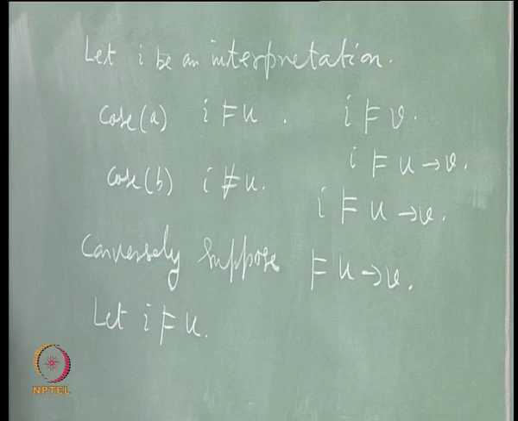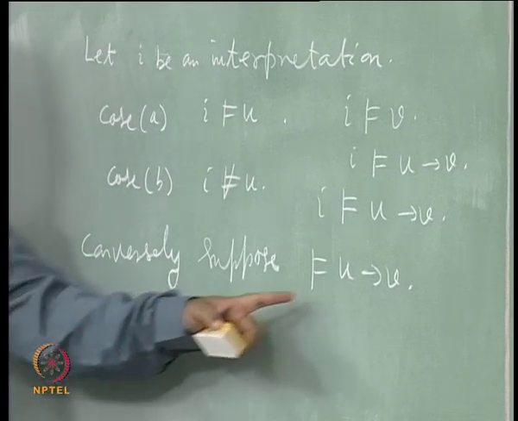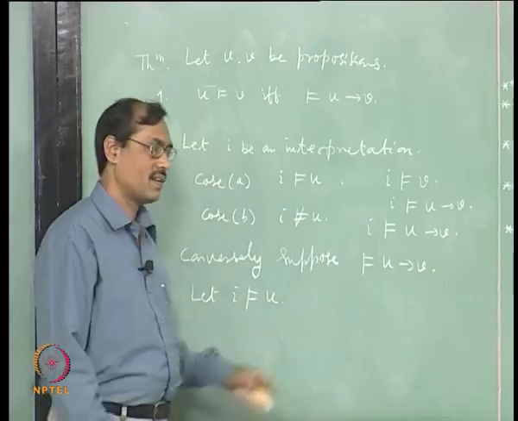Is that okay? That comes from the definition of implication. It can never be 0, right, or you can go the other way. If I of v equals 0, then what happens?